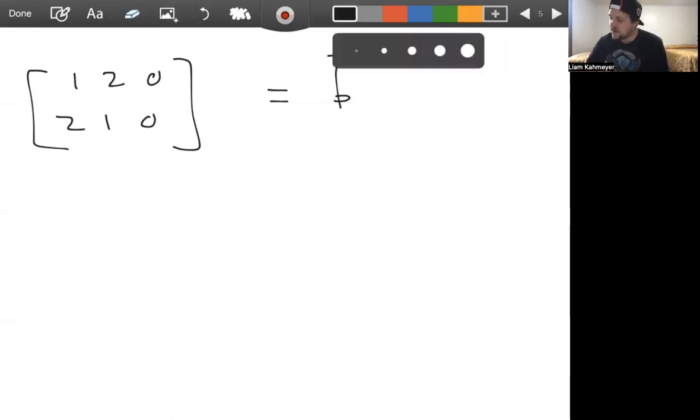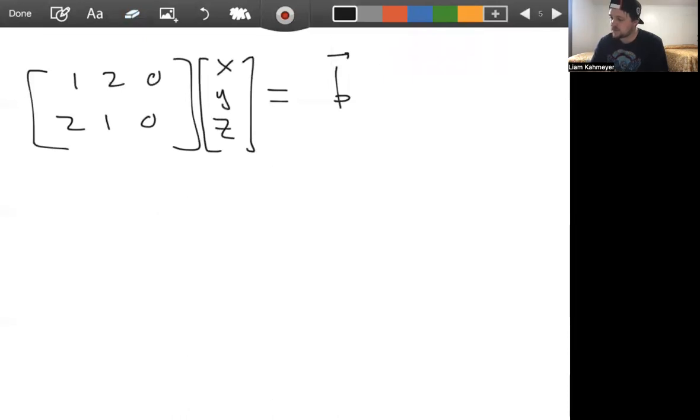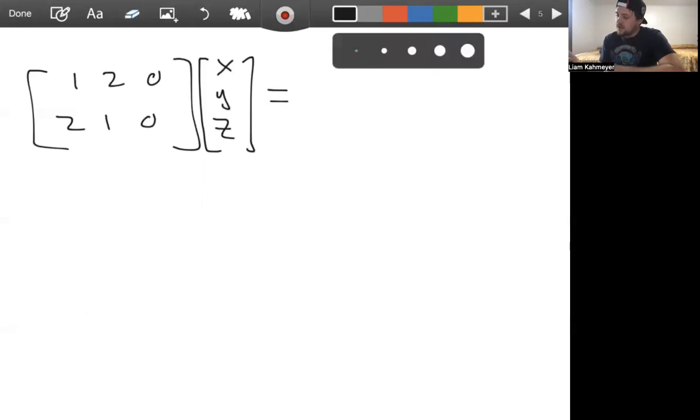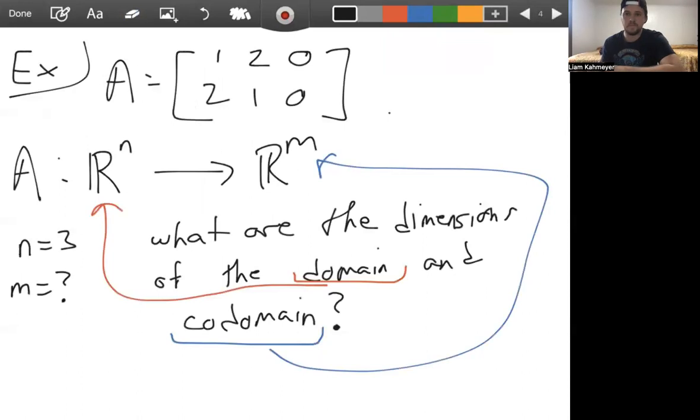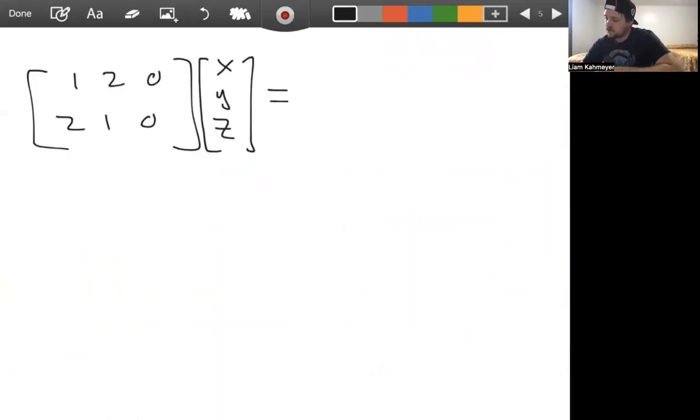And so therefore, x needs to be three-dimensional, because when I do matrix multiplication there, I have to have 3 components of this vector. So we have x, y, z here, which means n is 3. And so what is the result here?